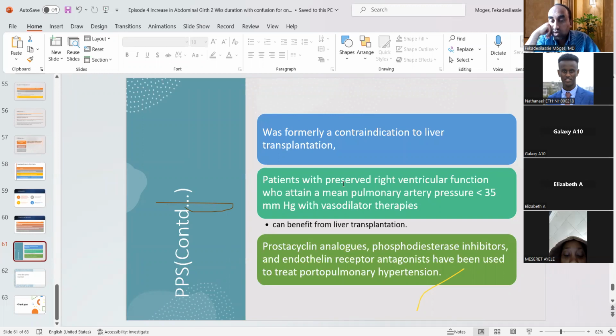So there are indications for treatment with beta blockers, the non-selective beta blockers like propranolol and carvedilol, which can be used for prophylaxis of GI bleeding from esophageal varices. And there are indications for doing that. When you do endoscopy, if there is no sign of esophageal varices, you can repeat the endoscopy after 3 years.